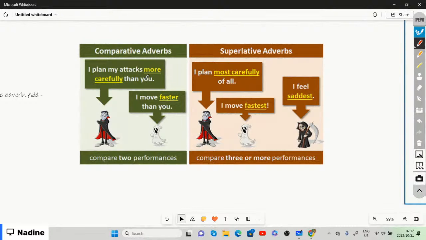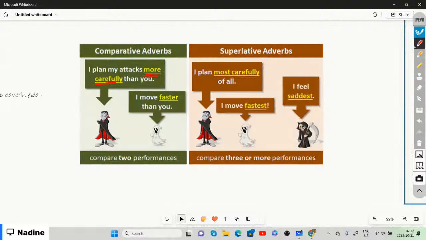We're going to come back to this one during the course of our lesson, because we will find out about adverbs with one syllable and adverbs with more than one syllable. If we have one syllable, we just add er for the comparative adverb and est for the superlative adverb.